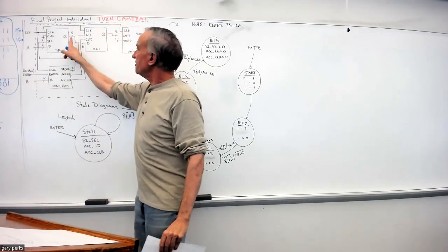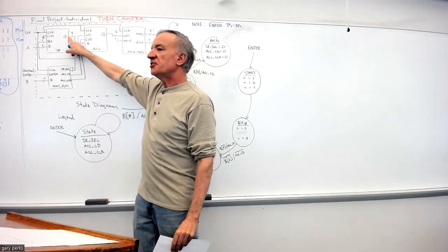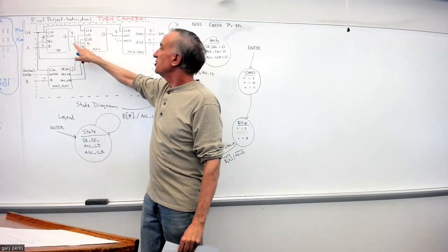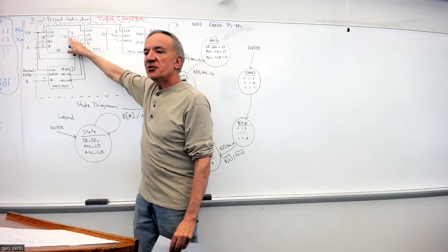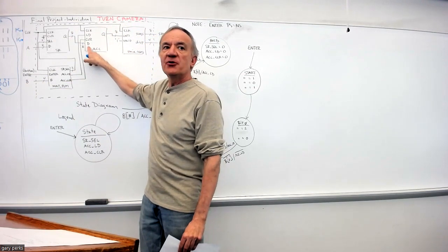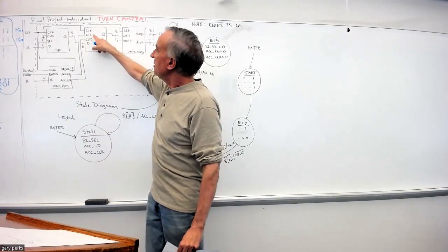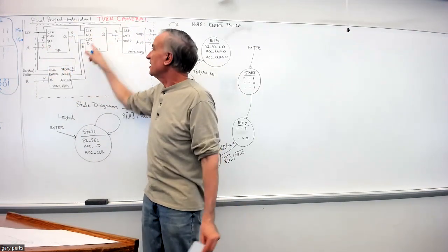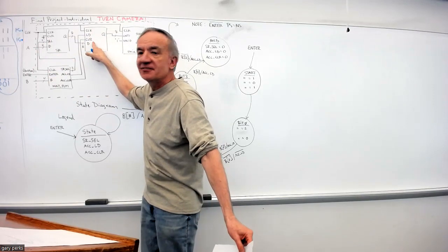Notice first, the output of the shift register goes to the input of the accumulator. So whatever's at the output of this shift register, it's also at the input of this accumulator. And what did we say earlier? We said earlier that the accumulator basically does two things. If it's not clearing, what happens if you clear it?